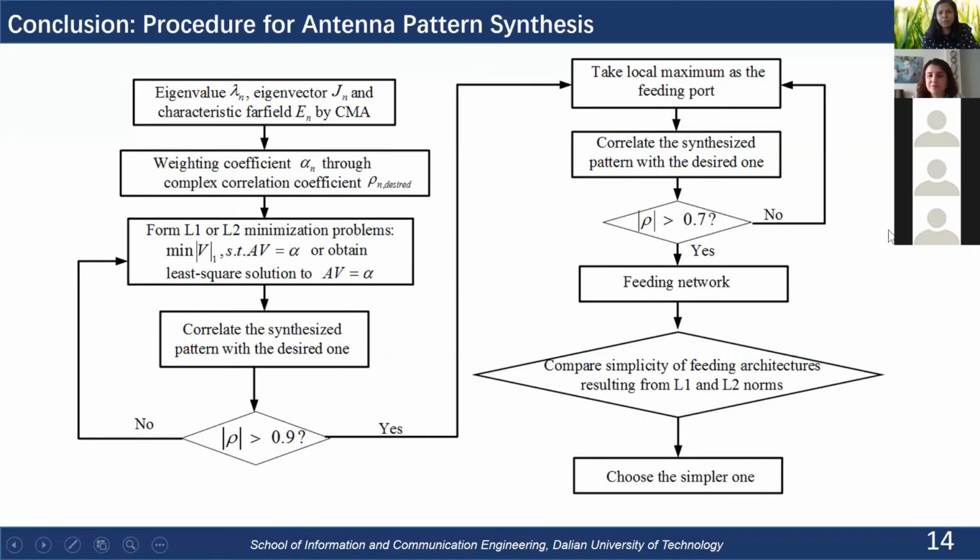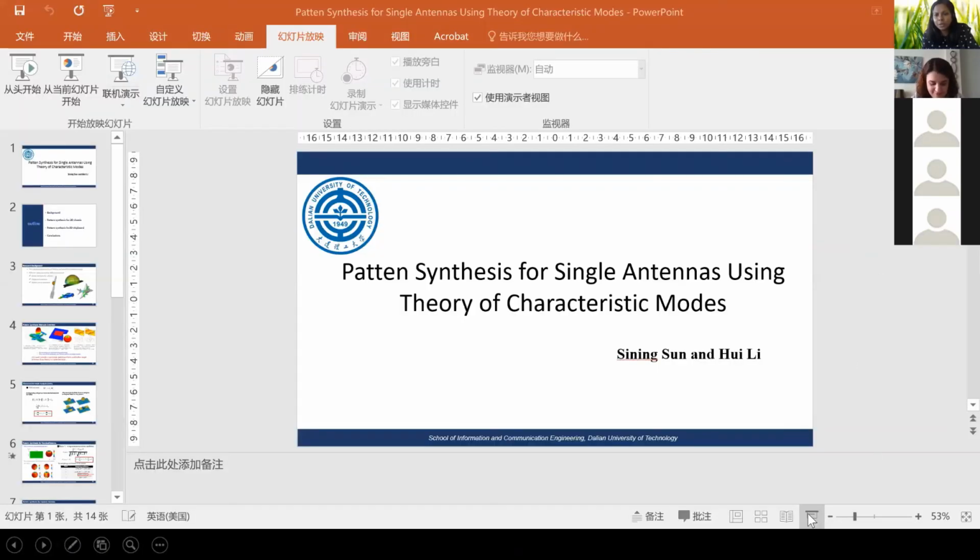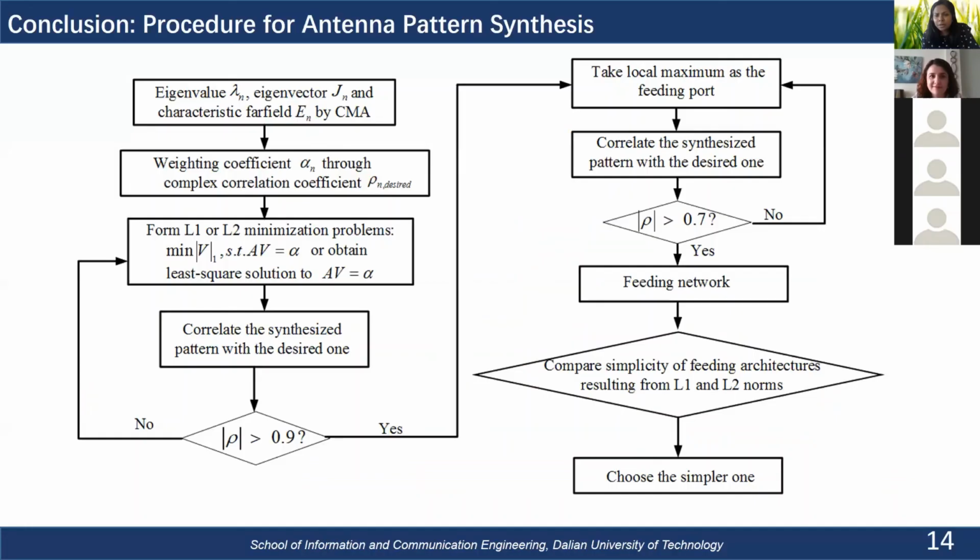I actually don't know how to raise my hand, but I have a question. About the V's, did you see any effects regarding the size of your mesh cells? Because actually, I think V is obtained by the correlation of your RWG basis functions to the incident field.